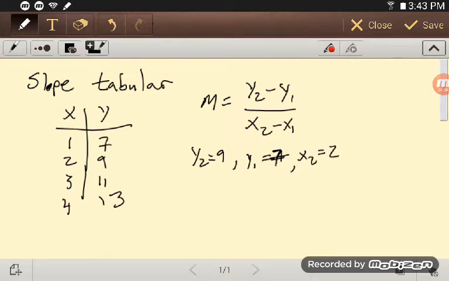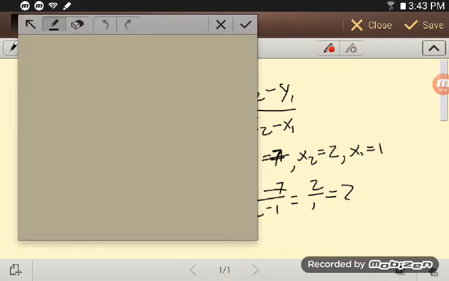X2 is equal to 2 then, and x1 is equal to 1. And if I plug everything in, I get m equals 9 minus 7 over 2 minus 1. So I get 2 over 1, but that's just 2.